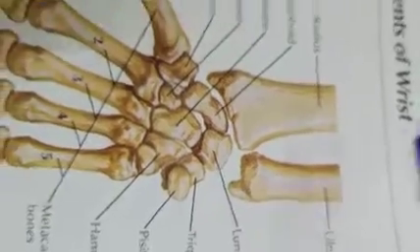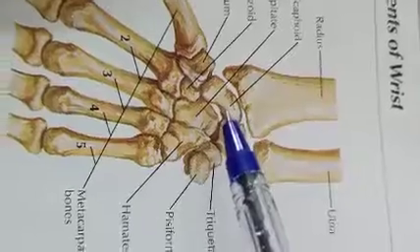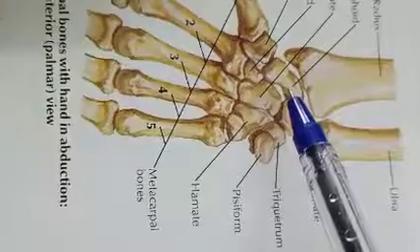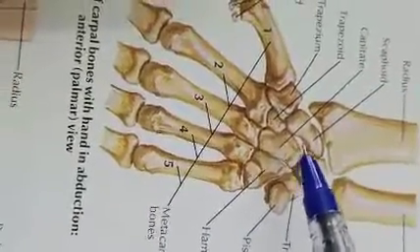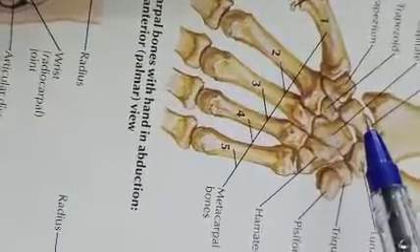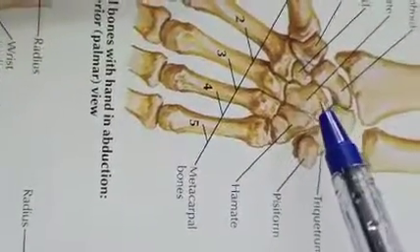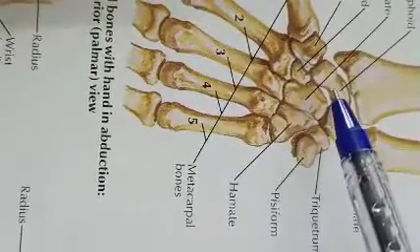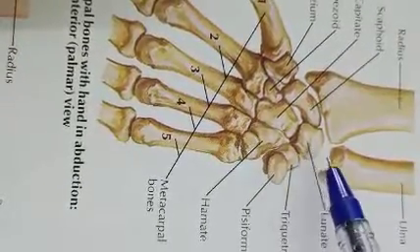Applied anatomy: this is our scaphoid. Fracture commonly occurs in the scaphoid bone, and depending upon the nature of the fracture, non-union or avascular necrosis can happen. Sometimes the lunate will be dislocated into the wrist joint.